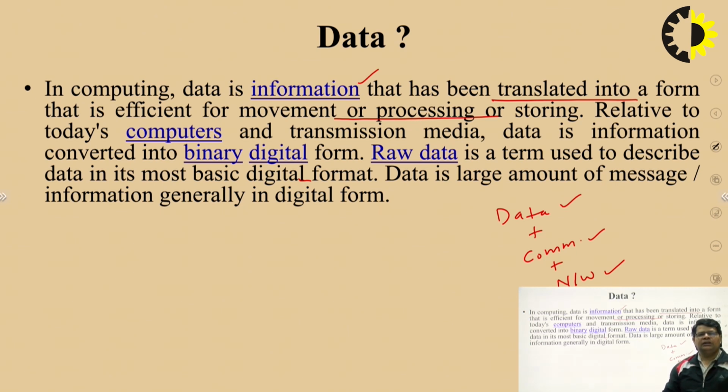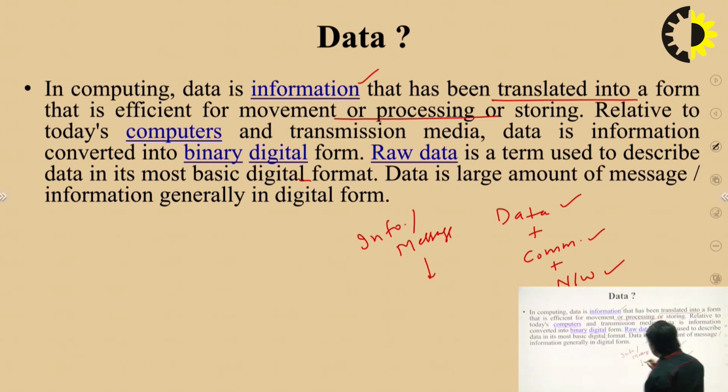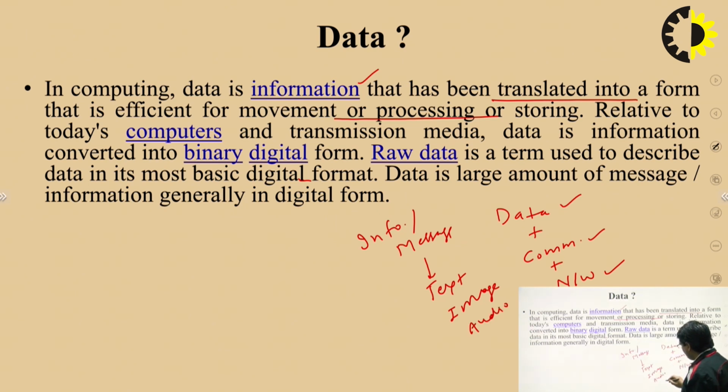Generally, this message or information lies in the form of text, image, audio and video. Or we can say that the data representation forms are text, image, audio and video.